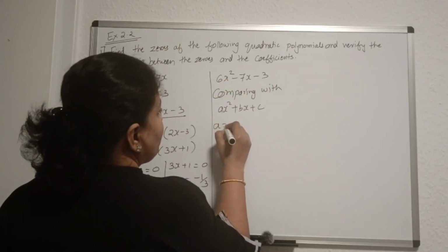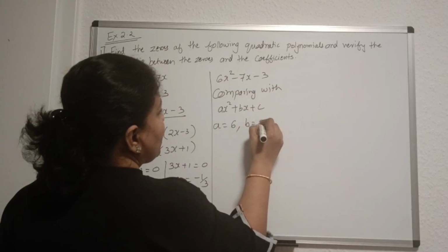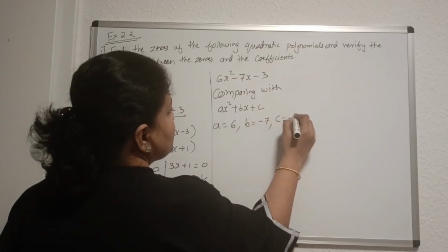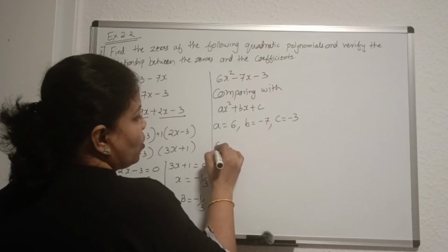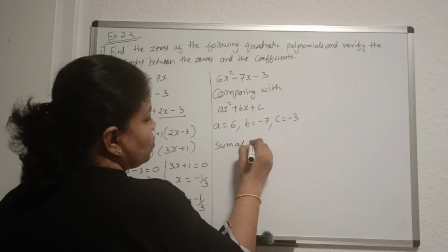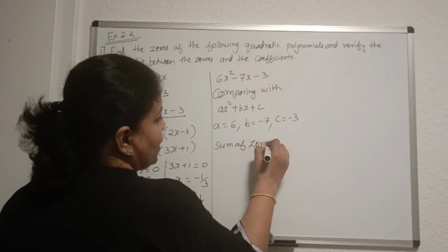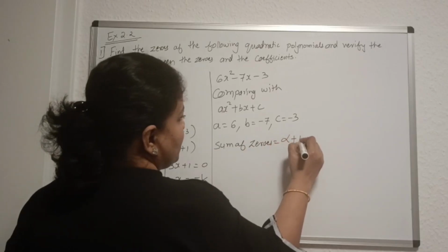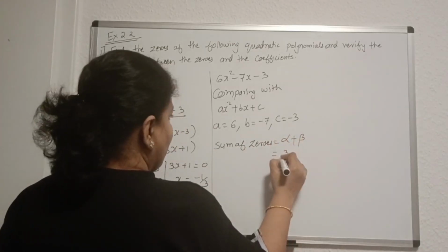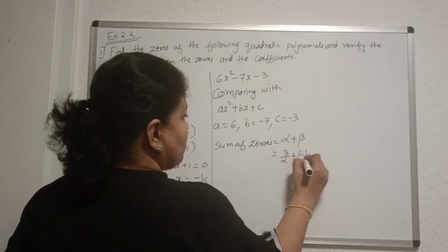So your a will become 6, b is minus 7 and c is minus 3. For that, if you do sum of zeros manually, that is alpha plus beta, you will get 3 by 2 plus minus 1 by 3.